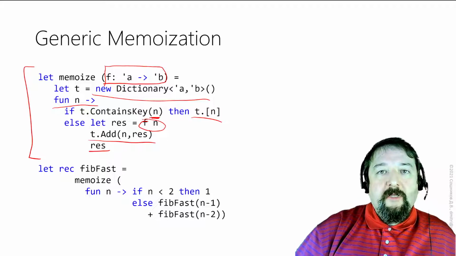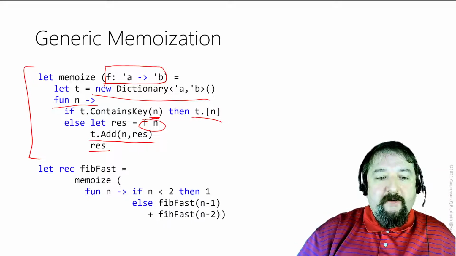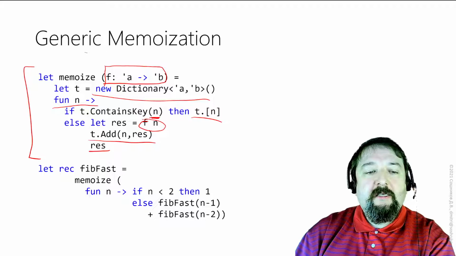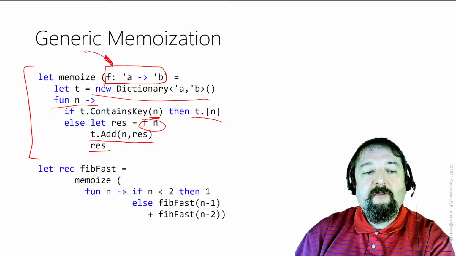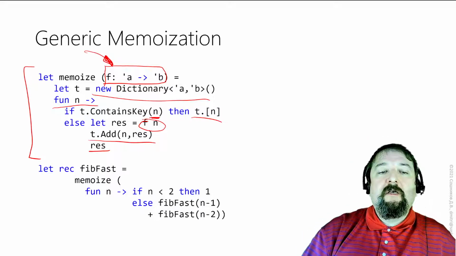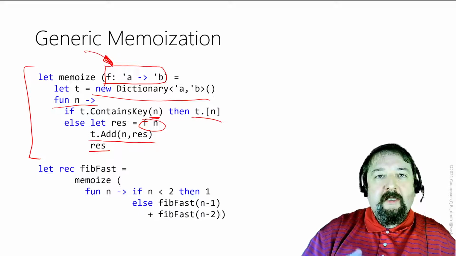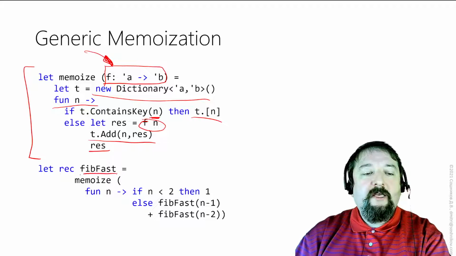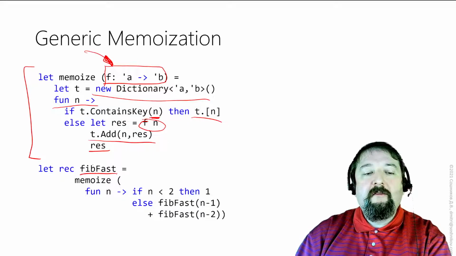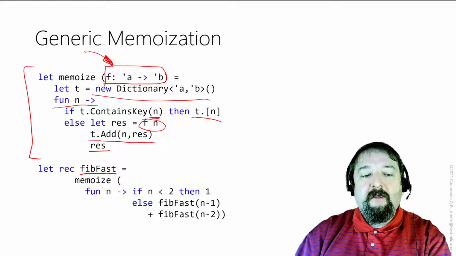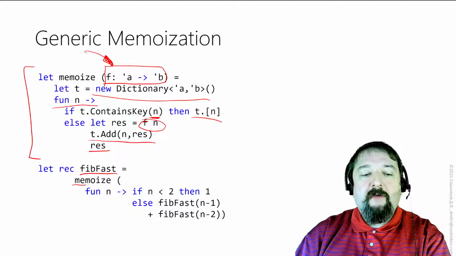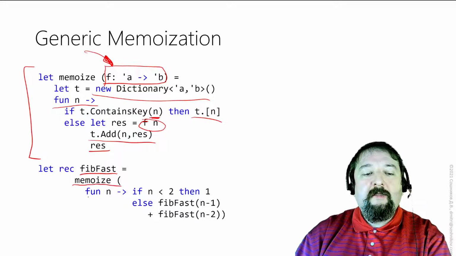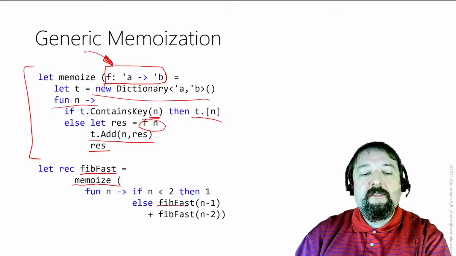Now, it's a little bit tricky to define the fast Fibonacci function, because if we just pass here our binary recursive version, it will not work, because it will only memoize the final result and not all the intermediate results. That's why, if we really want to memoize the Fibonacci, we need to define the function fibfast in the following way. We wrap everything with the memoize function, and then inside this memoize function, we call this fibfast.